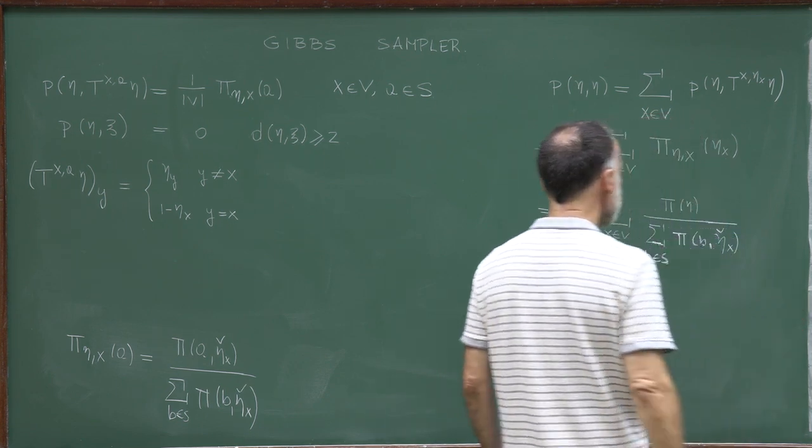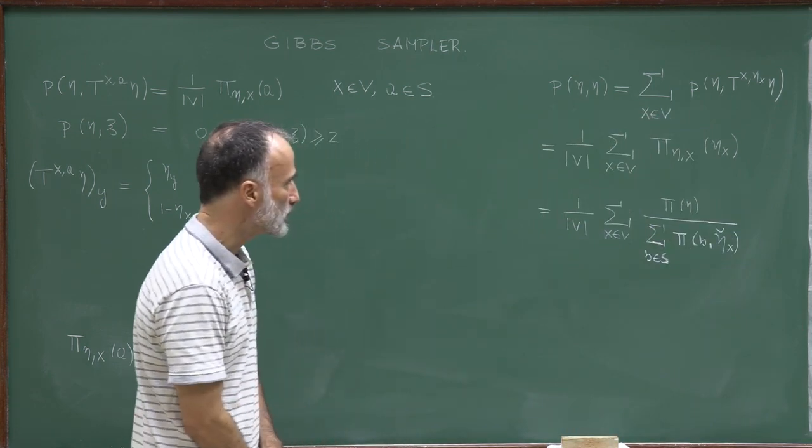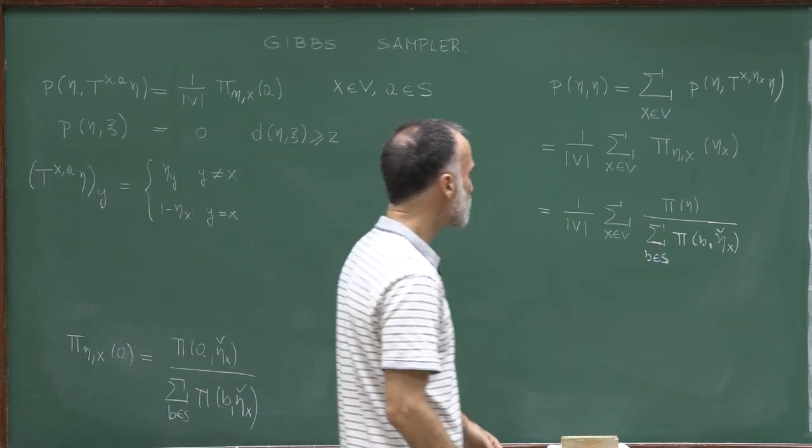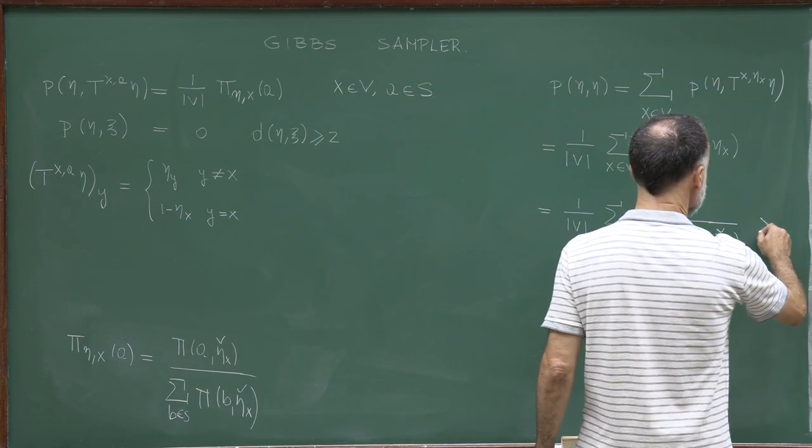So this is the probability that you jump from eta to eta, and mind that this is strictly positive.